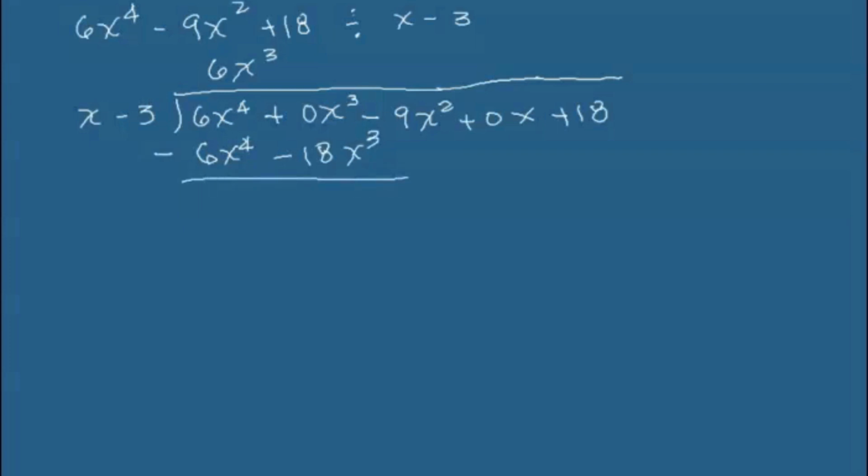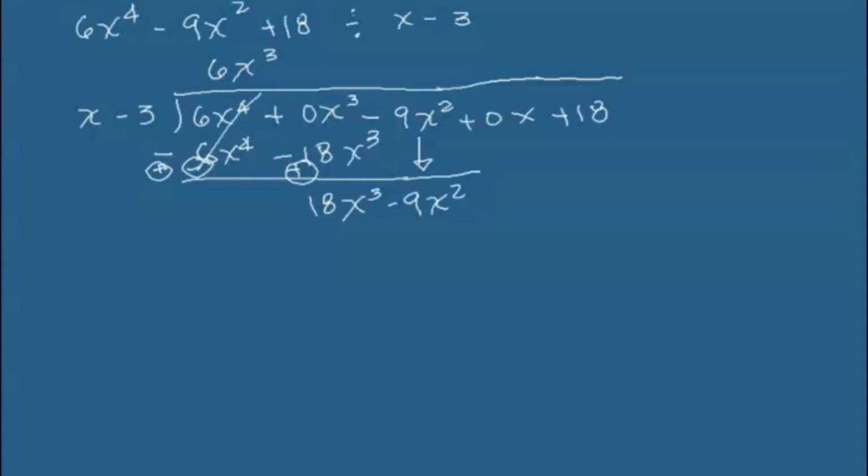And then we subtract by adding the opposites. 6x to the fourth plus negative 6x to the fourth cancel out, and 0x cubed plus positive 18x cubed is 18x cubed. Bring down negative 9x squared, and then divide.